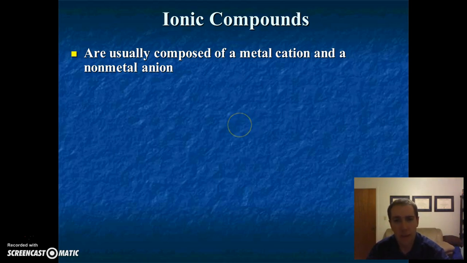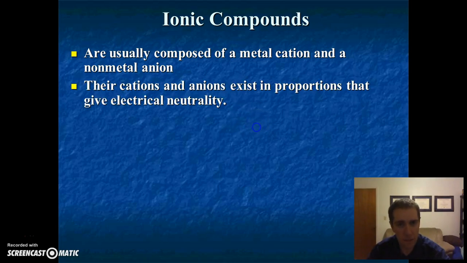Okay, that's going to be the key to tell the difference between ionic compounds and molecular compounds. An ionic compound is going to have a metal and a non-metal. And when you have the metal cation, remember cations are positive, and non-metal anions are negative. They're going to exist in a mixture so that the positives and the negatives balance each other out.